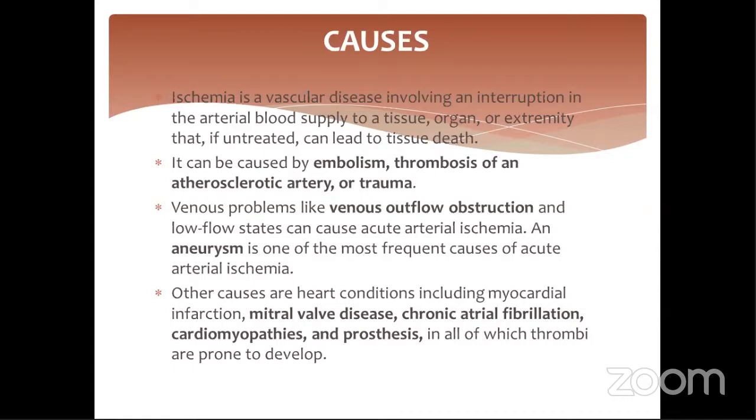Venous problems like venous outflow obstruction and low flow states can cause acute arterial ischemia. Aneurysm is one of the most frequent causes of arterial ischemia, and other causes are heart conditions like mitral valve disease, chronic atrial fibrillation, cardiomyopathies, and many more.